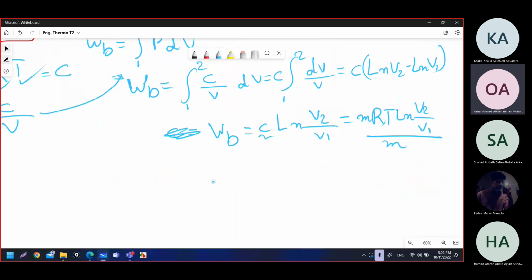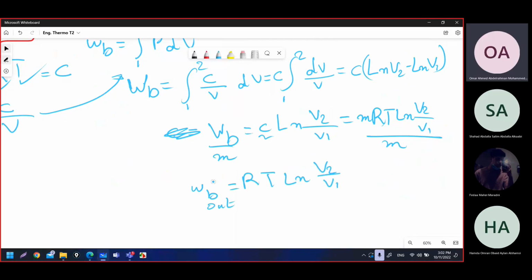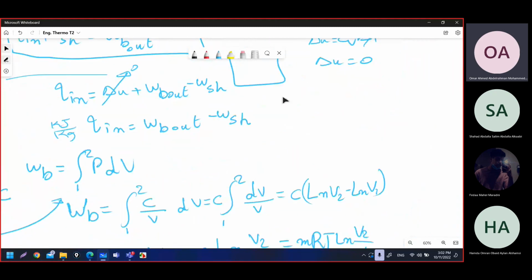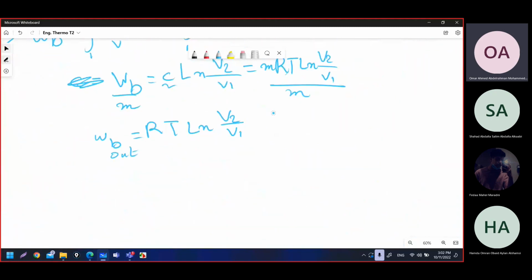Then I will have the small boundary work, equal to RT ln V2 over V1. And V2 over V1, we said it is 3 because the volume is tripled, right? So it will equal RT ln of 3.